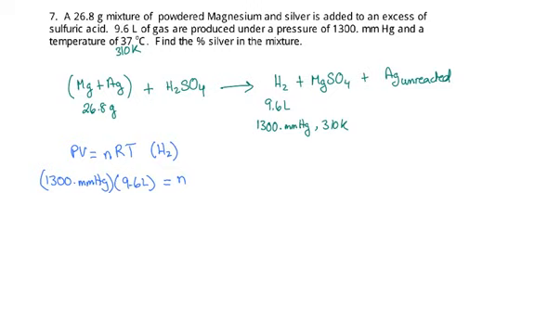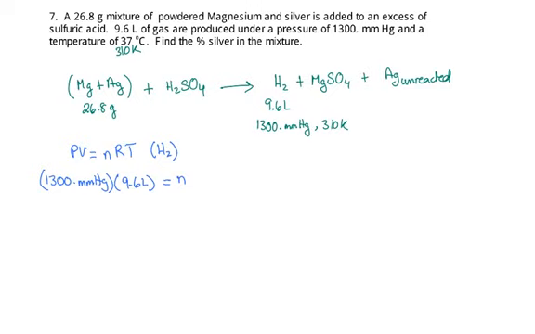Remember, PV equals nRT only works for gas. So it helps to write down what substance it is for two reasons. First, when you get your answer, you know what it's for. But the other reason is that it will prevent you from using PV equals nRT for something that's not a gas, for a solution or a solid or a liquid. Trust me, that happens a lot.